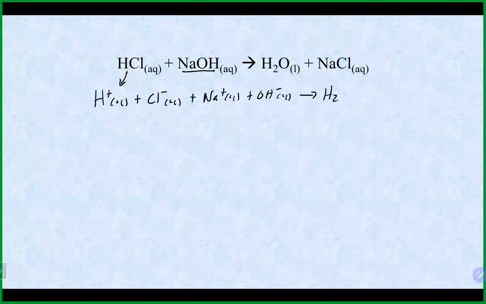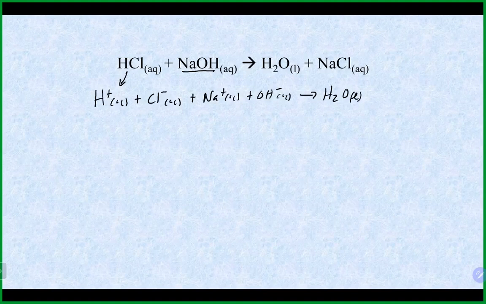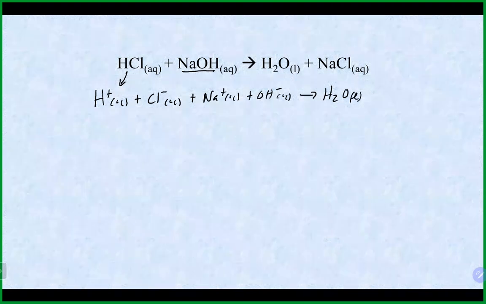On the right-hand side, we will make water. Water is a pure liquid. It is sharing of electrons, will not break apart, will stay together. And remember, anything that's a solid, a liquid, or a weak electrolyte stays together. Sodium chloride is a strong electrolyte, will break apart.